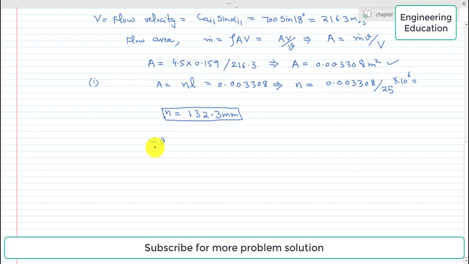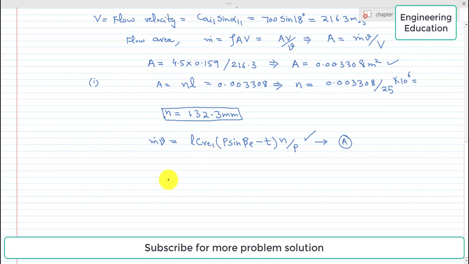This is actually the volume flow rate, volumetric flow rate, and it is equal to L CRE1 into P sine beta E minus T into N by P. This is the very general formula. Let's suppose this formula is A.